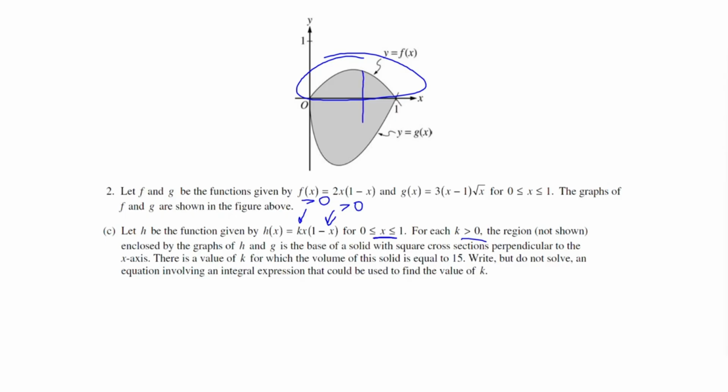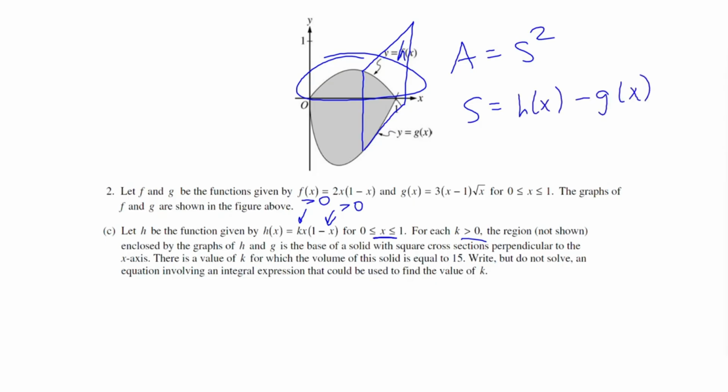And so if the cross sections are squares, right, projecting out of the screen towards you, well, we know that the area of those squares is just the side length squared. And the side length will just be, if we're pretending that's h of x now, h of x minus g of x, the upper function minus the lower function.